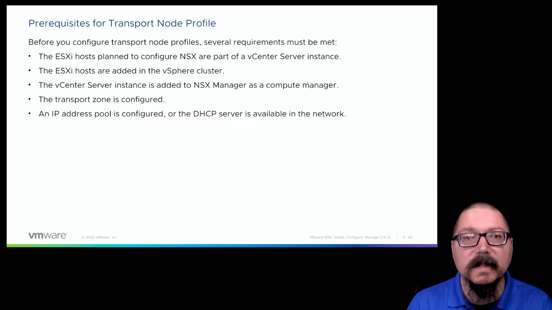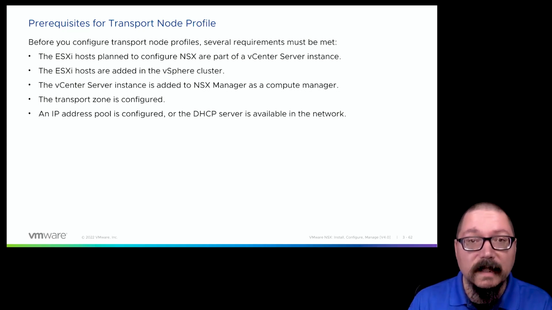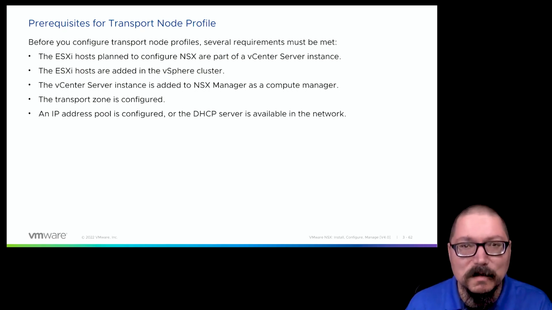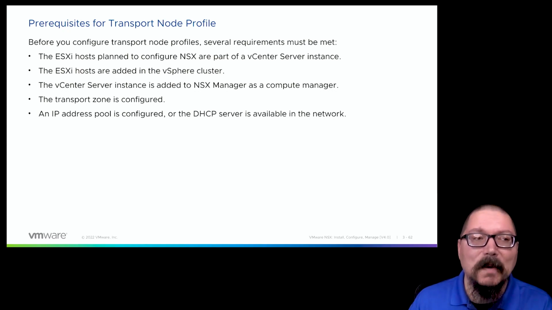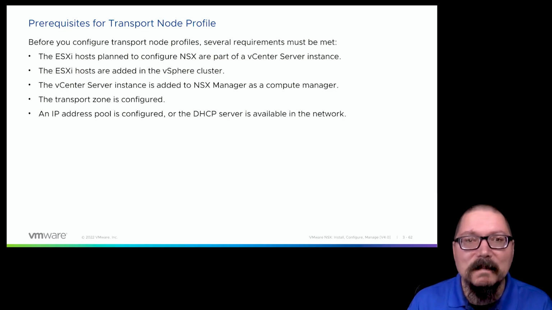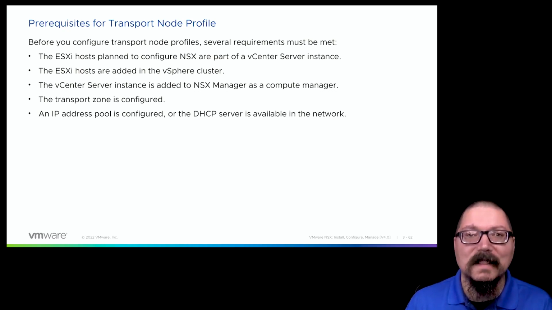Now, what do we need to build a transport node profile? We need to think about this because we're going to be building at least one of these for our vSphere cluster, maybe multiples. Maybe I'll have one transport node profile per cluster because maybe my clusters are just that different. I'm going to need my vCenter server attached to NSX. I'm going to need my hypervisors to be organized in cluster objects on that vCenter server.